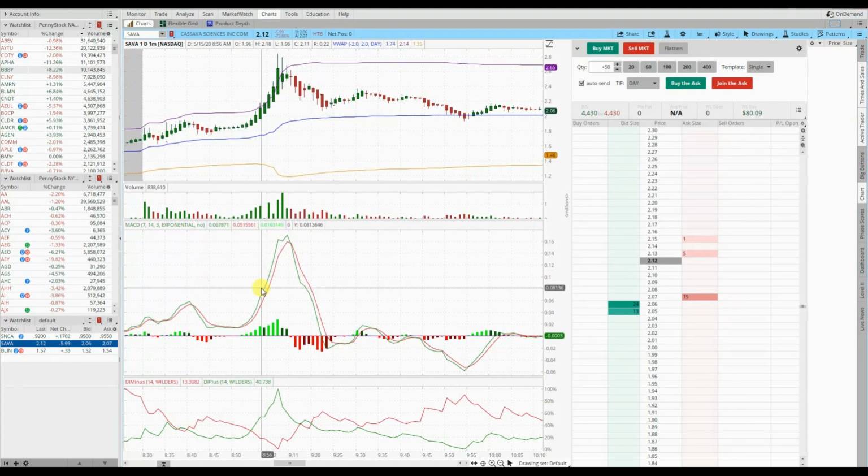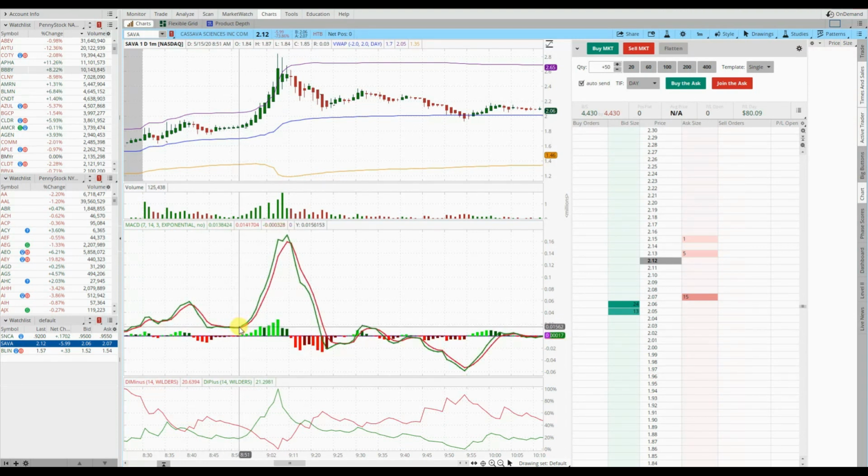All right, so I don't know if you're able to see the difference, but these actually changed. And for me, I like them with these settings because I feel that the entries are a little more clear than the other standard settings that the MACD had.